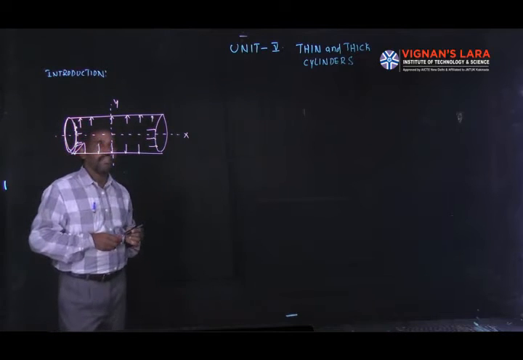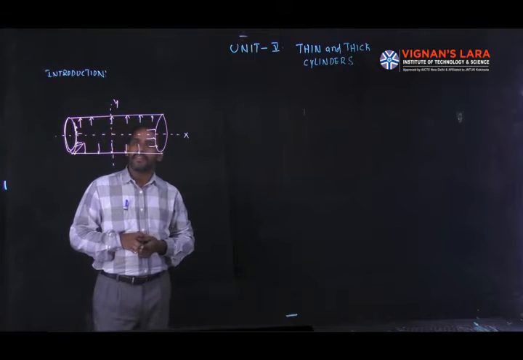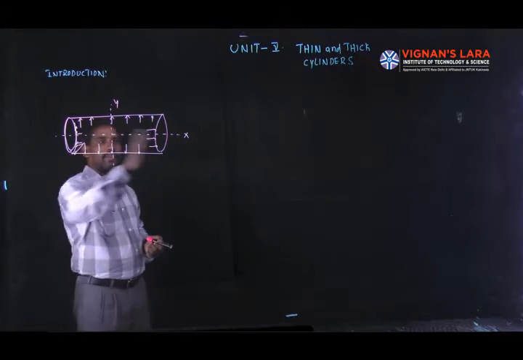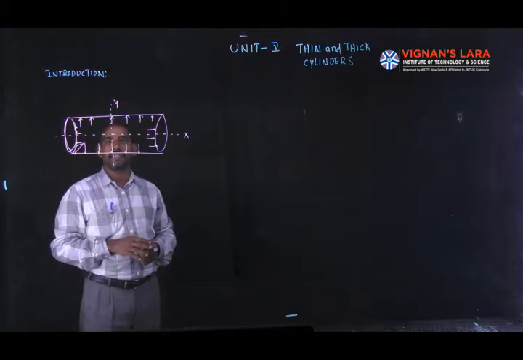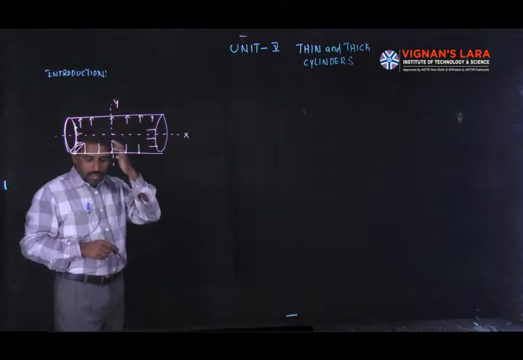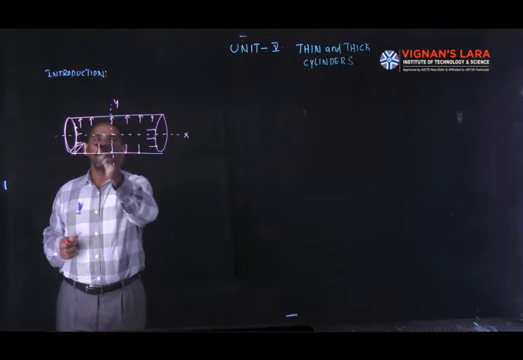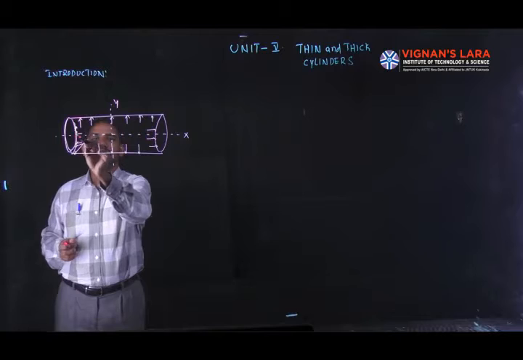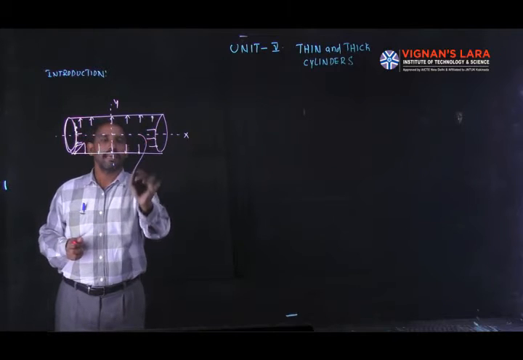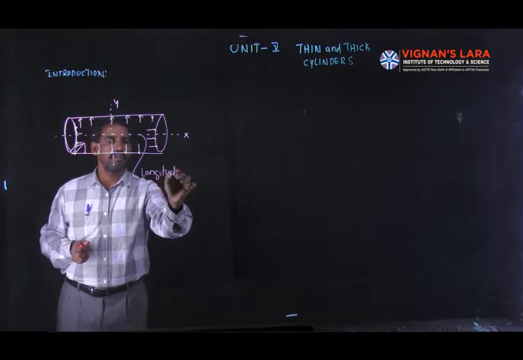So before discussing the expressions for the stress along the axis and perpendicular to the axis, and the third one radially: when a vessel is subjected to a pressure force, the stress induced along this axis is called longitudinal.